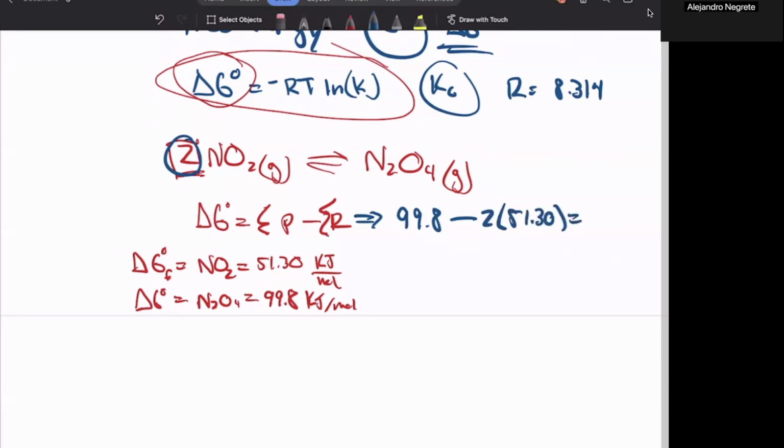This will equal 99.8 minus 2 times 51.3, and we get products minus reactants, a minus 2.8 kilojoules per mole.